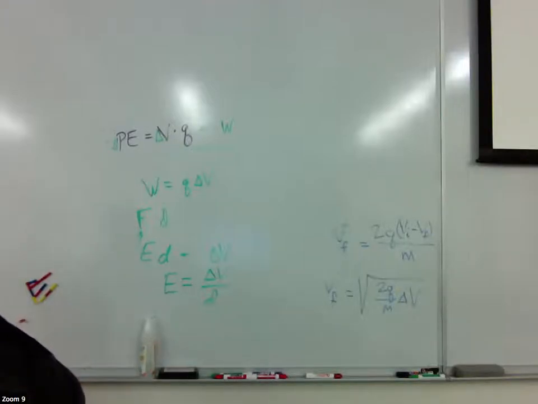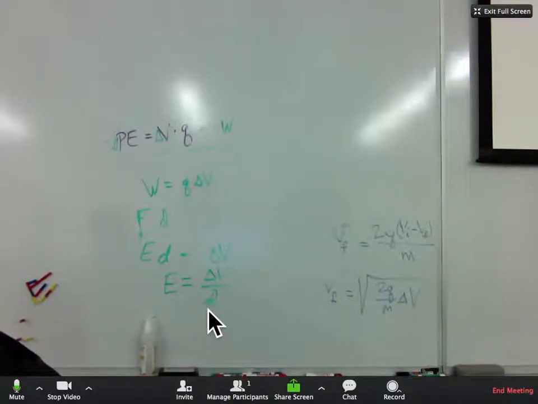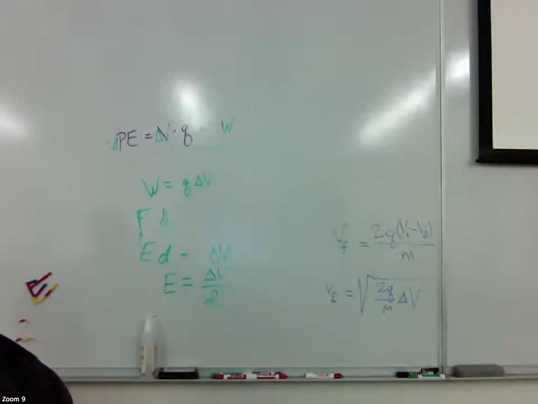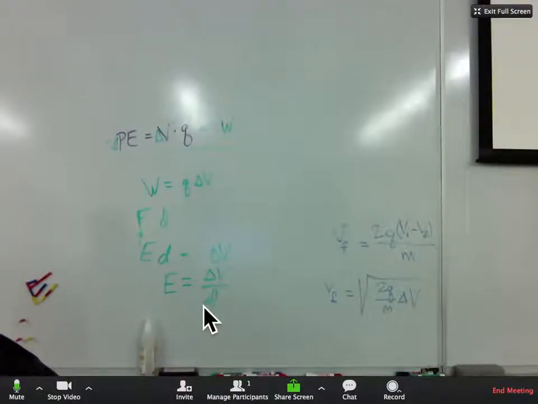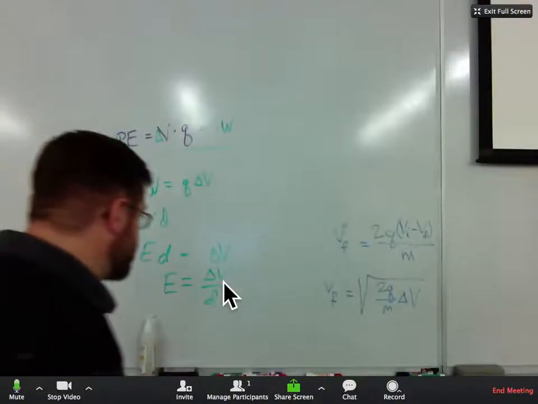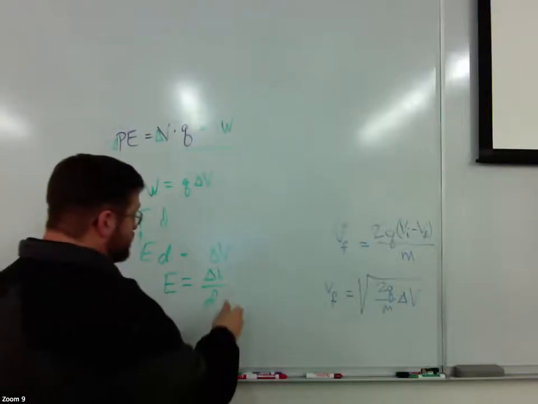Yes, essentially yes. It can be R, but really it's going to be the distance that you travel to go from one voltage to another as you go through a voltage change of delta V. So essentially it's the distance between the points where those two voltages in delta V are located. Delta V, remember, is two different voltages.